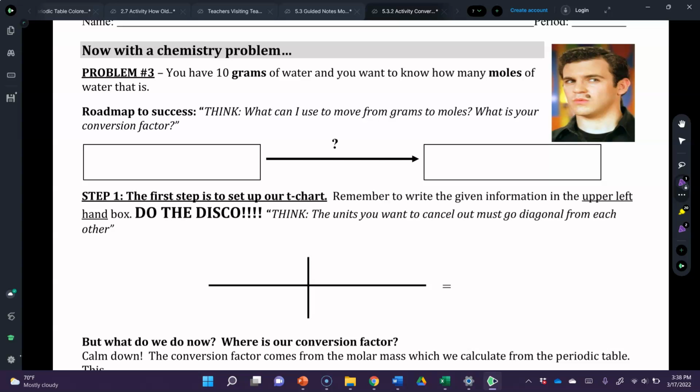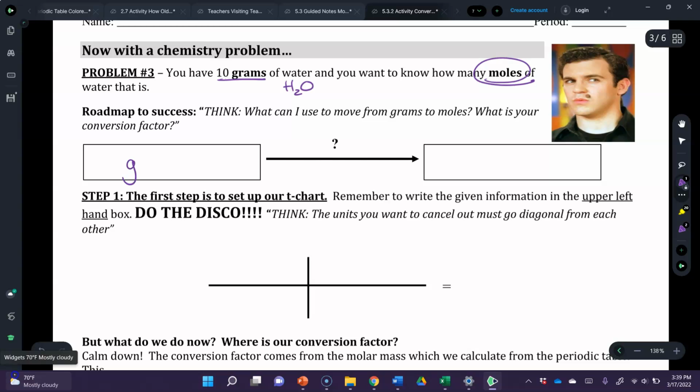So you have 10 grams of water. Remember, water is H2O. Okay. So water, and you want to know how many moles of it. So you first remember what we've always done is our roadmap. Okay, so what we're given goes first.